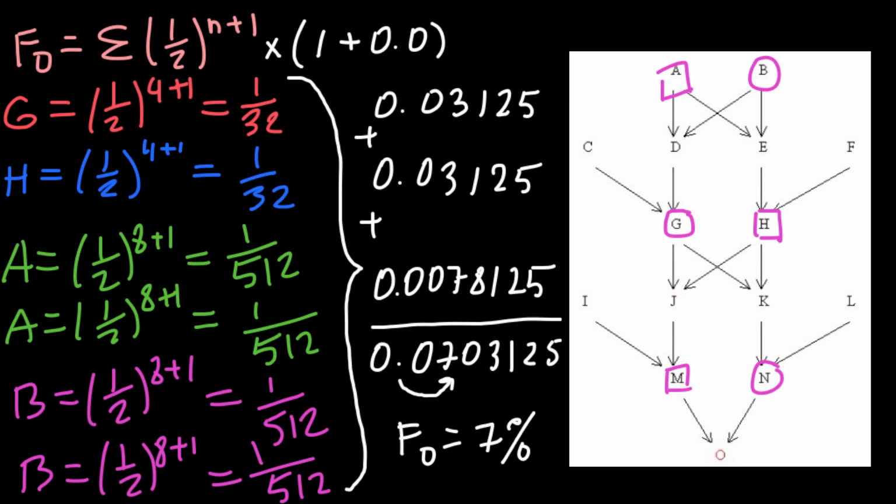Individual J would be an ancestor of individual M, but wouldn't be an ancestor of individual N. He would be genetically related, a relative, but wouldn't pass any alleles to individual N. Let's say this is going to be a male, and this is going to be, say, female here.